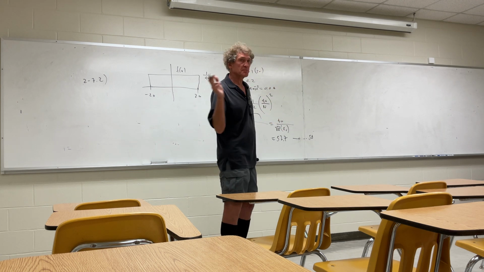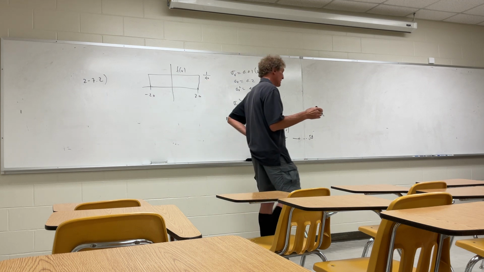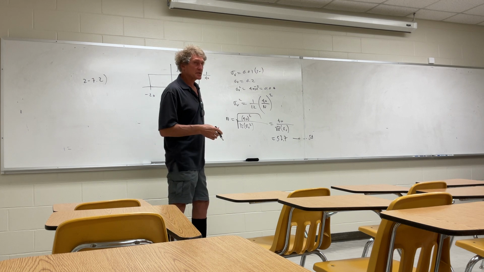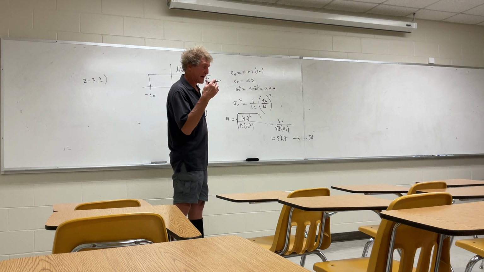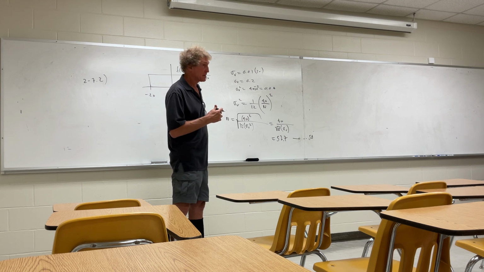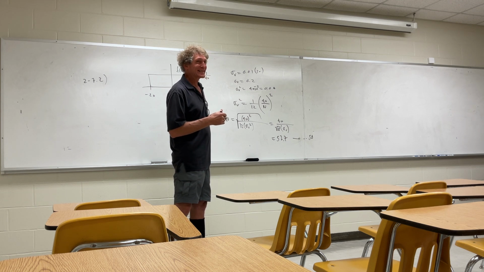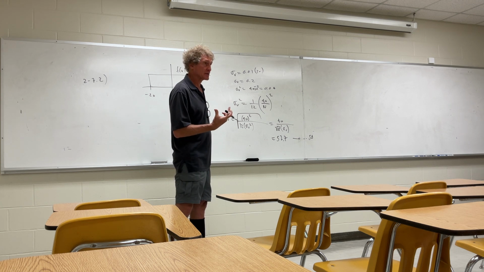All right, 58. What's the next part? If the number of levels is to be a power of 2, find the minimum number. Okay, class, this is kind of important, because all the time when you're dealing with analog to digital, you're going to have 2 to the n as far as the number of quantized states.